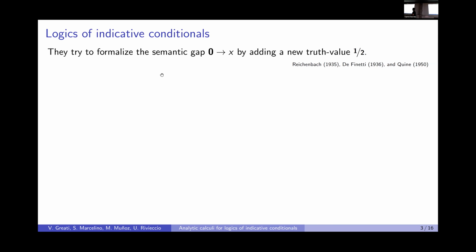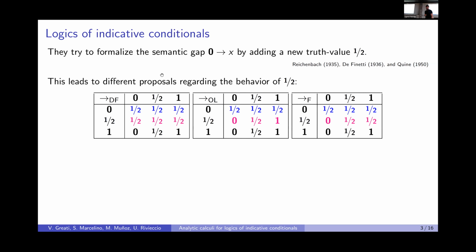And the proposal is that instead of doing that, we assign a new truth value, 1/2. A natural proposal. And the point is that we are committed to this, in blue: whenever you have a 0 antecedent, you have the intermediate value.